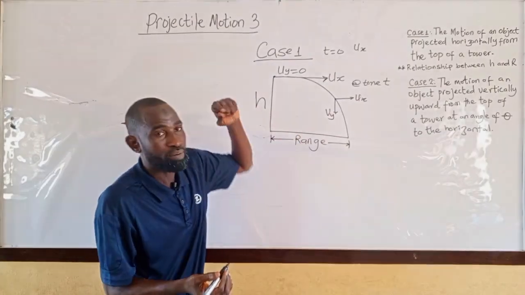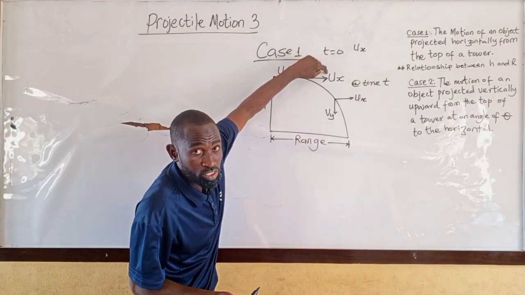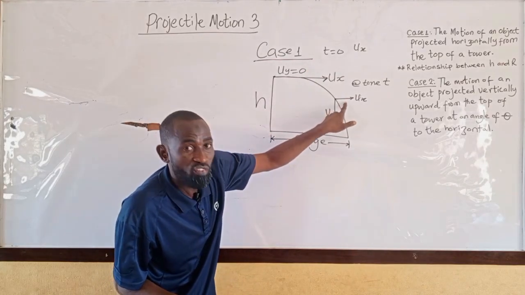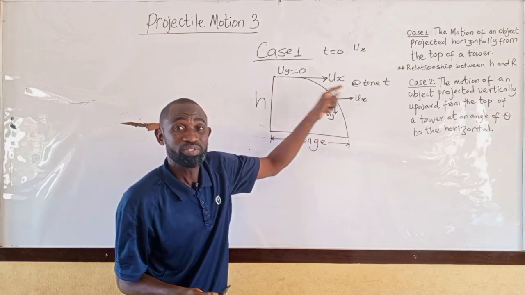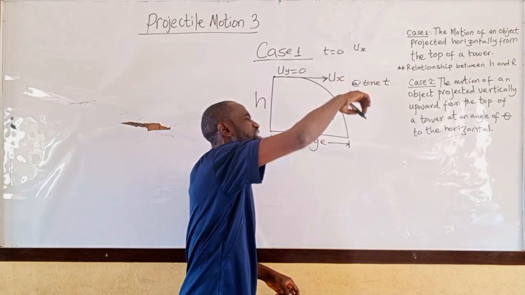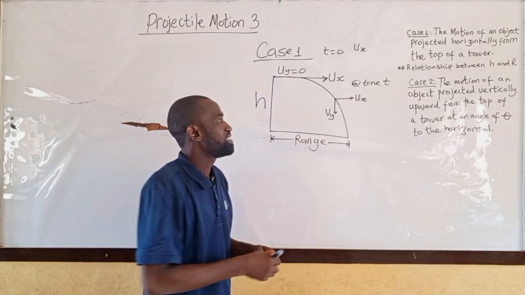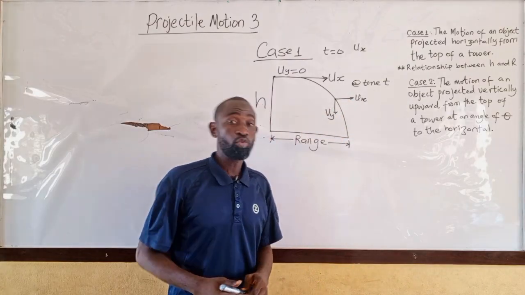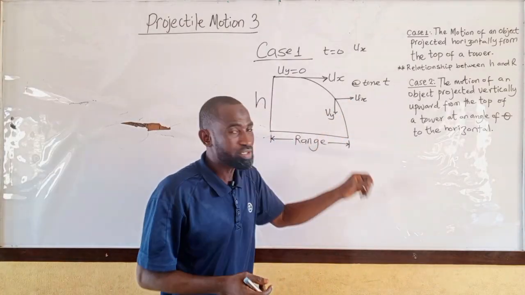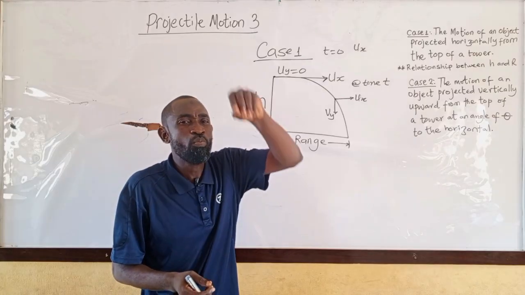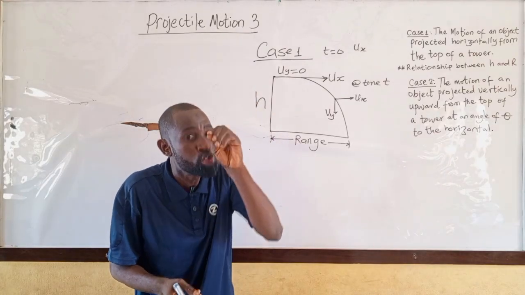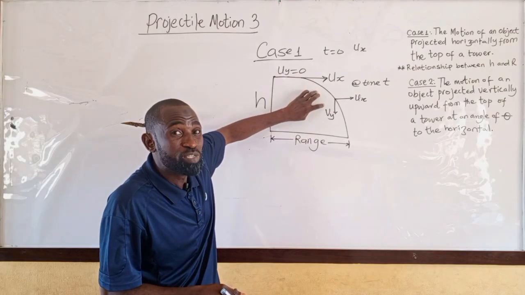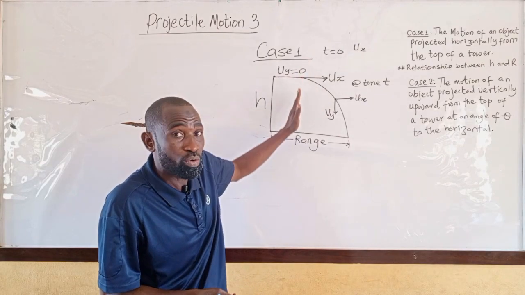Now, class, if you look at this diagram, at the point of projection our u of x is present. At any time t of projection, our u of x is the same thing. So our horizontal initial velocity is the same throughout the motion. The reason is not far-fetched: the only force that will make a body change its position, the force of gravity, acts on this body vertically downward.